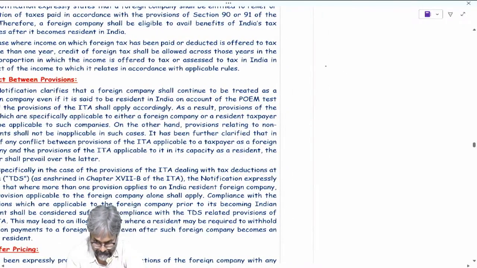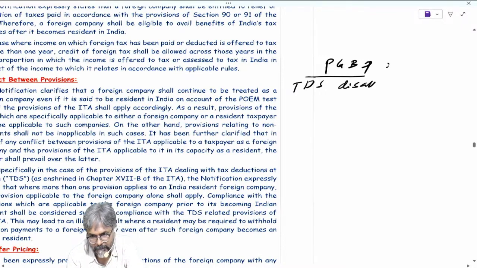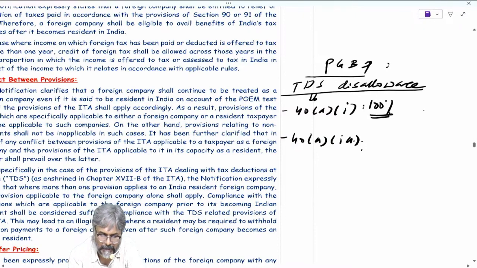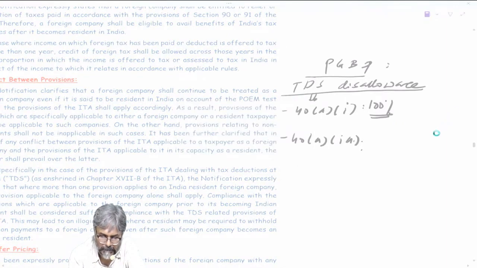Remember in PGBP, for TDS disallowance, there are two sections like 40A(i) and 40A(ia). So far as 40A(i) is concerned, 100% disallowance will happen.